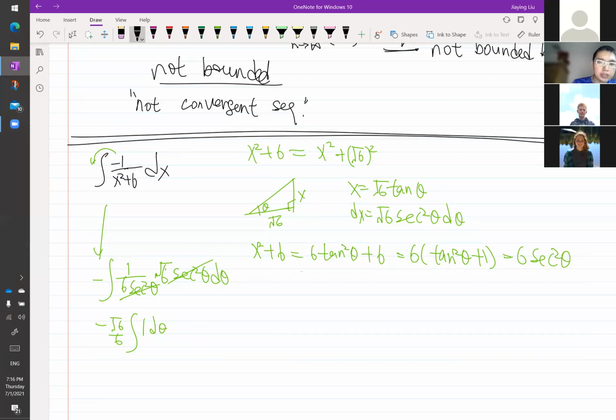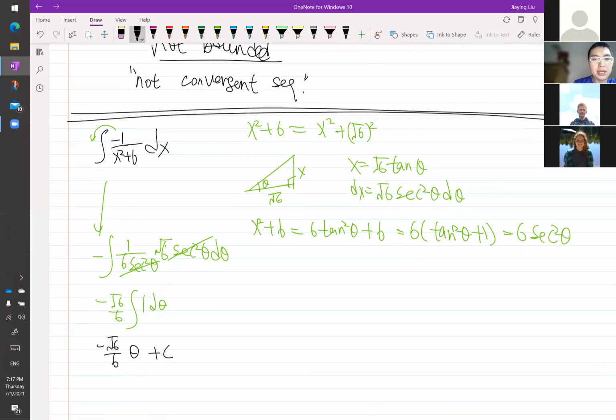After we get to this point, you get -√6/6, and then the integral of 1 dθ is just θ. Obviously, you have a plus C or something. But the given integral is in terms of x, so we cannot just leave it like theta. We have to write theta in terms of x.